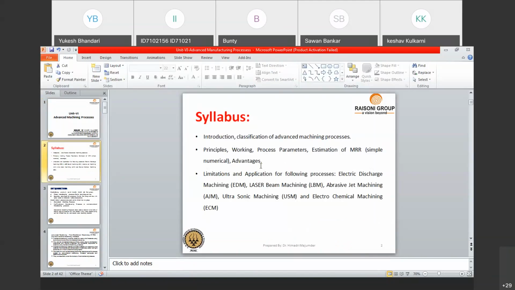Then we will see different principles, working procedures, process parameters, and how we estimate the material removal rate, that means MRR, and the advantages of different types of advanced machining processes. Then we will see limitations and applications of EDM, LPM, AJM, USM, ECM, different advanced machining processes. So let's start.